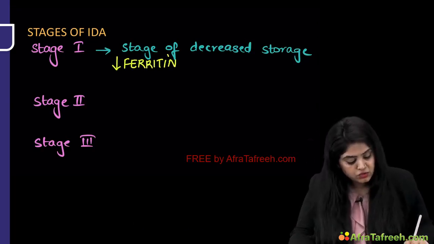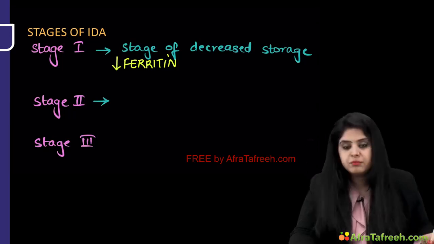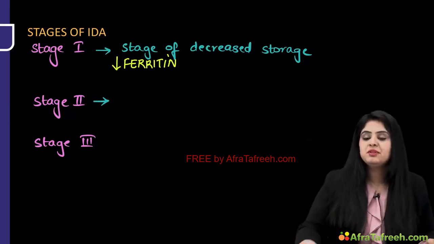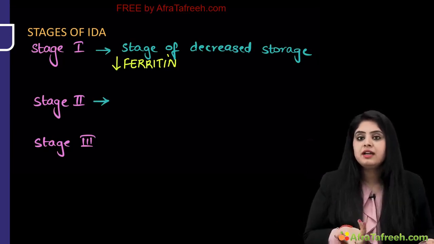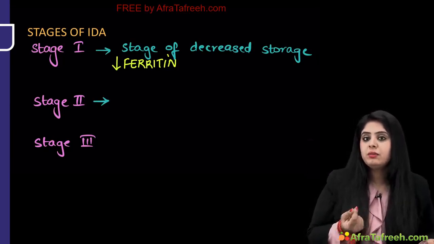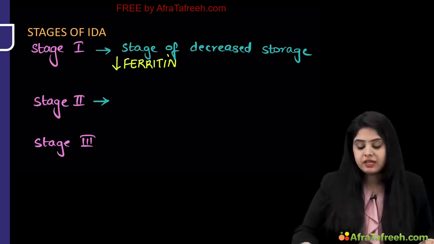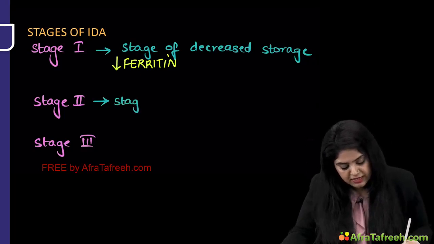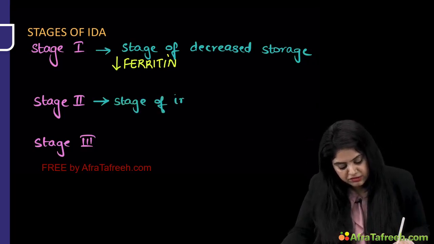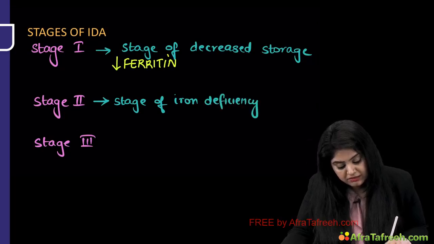Then comes stage 2 of being poor. Stage 2 is mid-month. Mid-month when you realize not only is my bank account poor, but the money in my hand, I don't have money for buying maybe an extra pair of clothes or some extra books that I had to buy. So this is the stage of iron deficient erythropoiesis. Now iron is also going low. As a result, it's affecting my red blood cells.